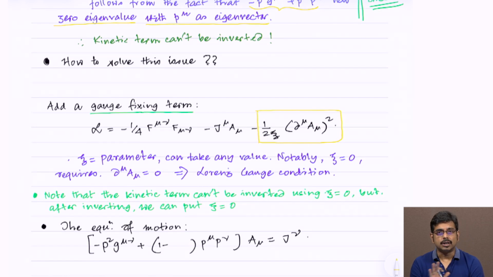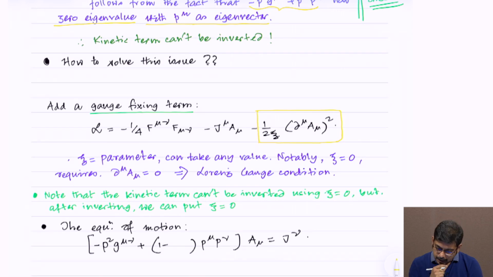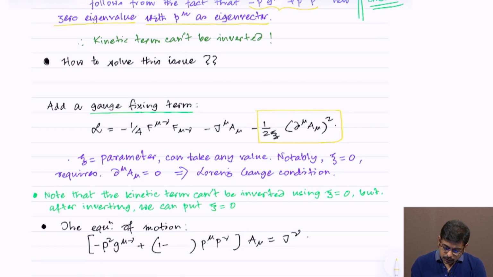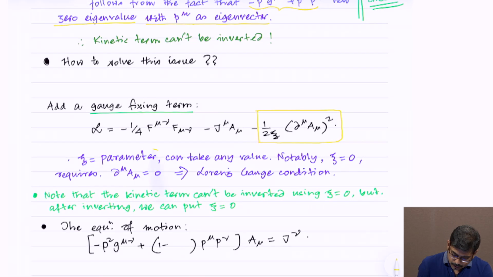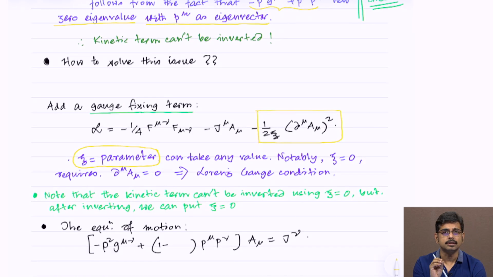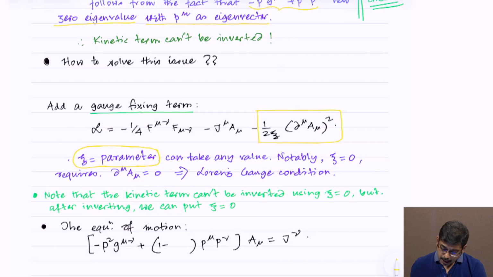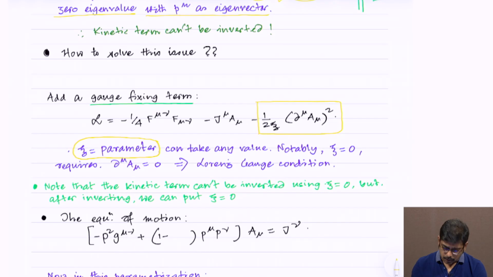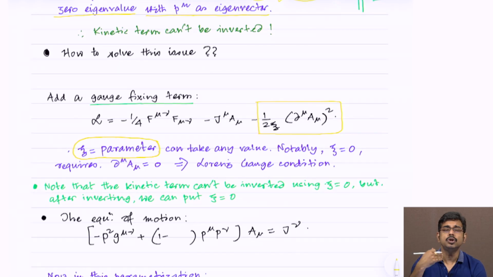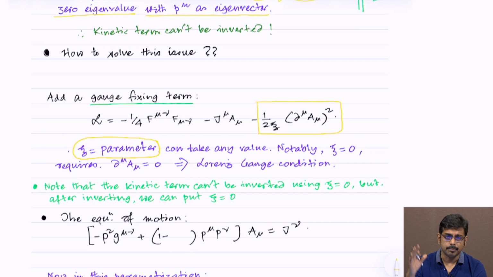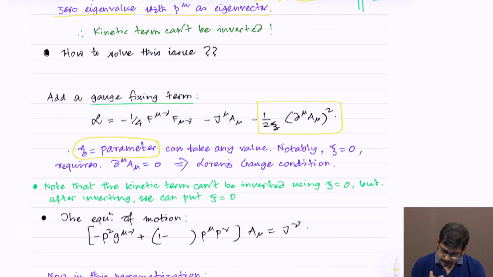Now, this term was not there before. I am just adding it by hand, and I can, where this ξ, or ζ, whatever you want to say, is actually a parameter. Apparently, the value of this parameter is not fixed. One can take any value of this ξ, and this should not affect the outcome of this theory. That is the idea.